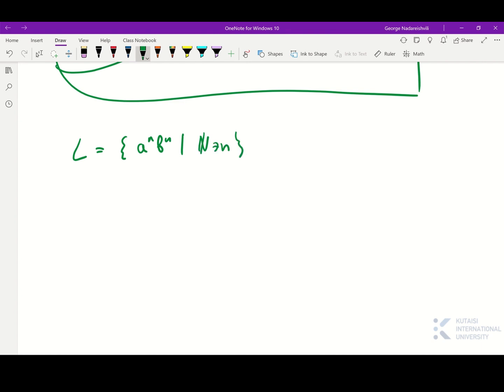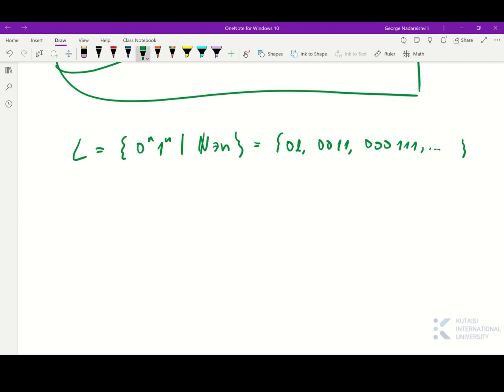Let's make it zeros and ones. So this is just a language like this: 01, 0011, 000111, and so on. So it contains as many zeros as there are ones.